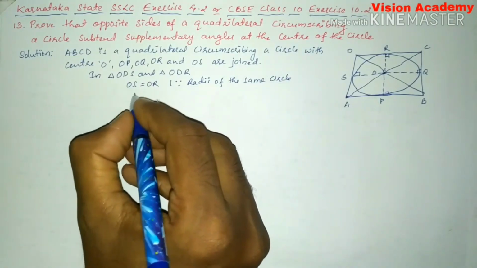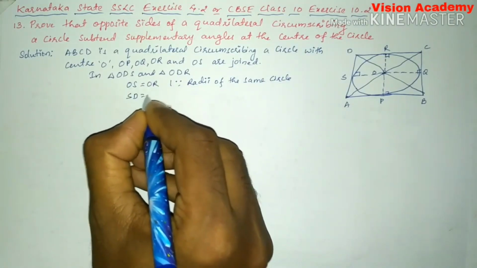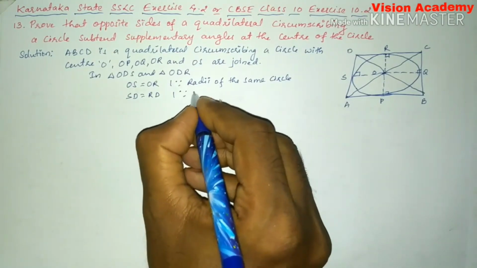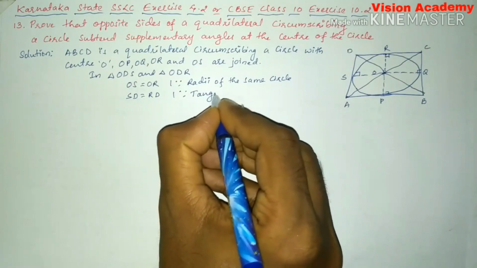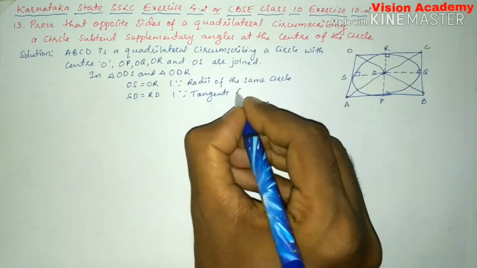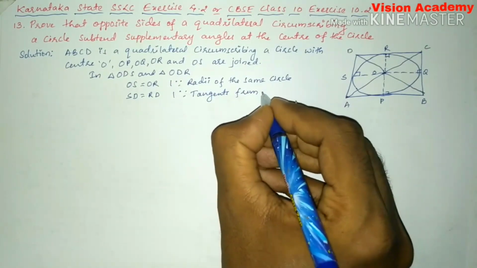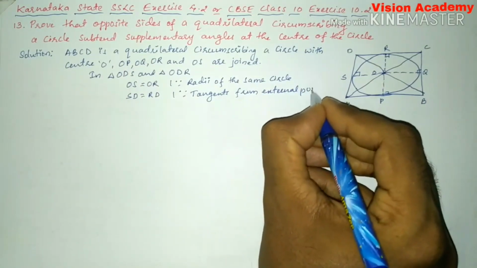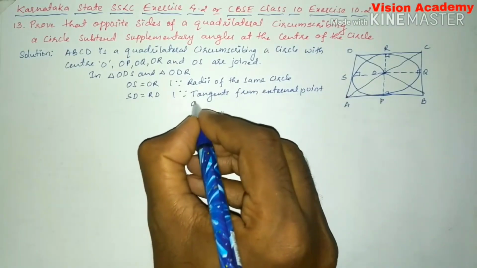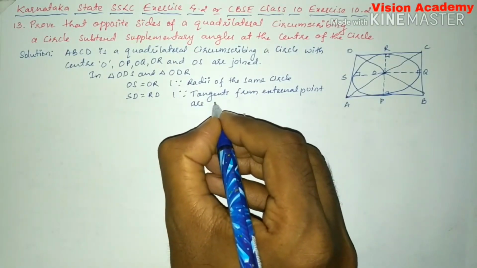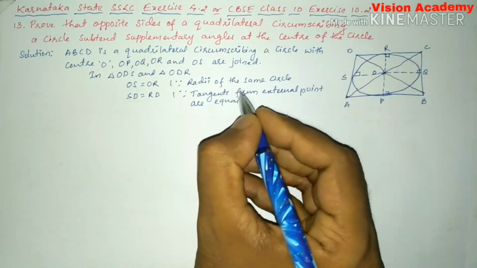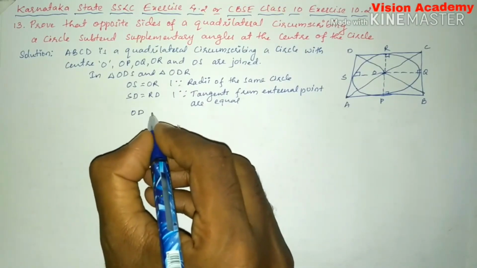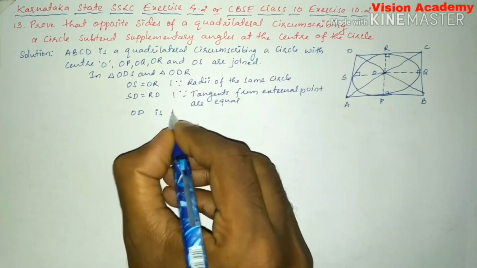Now SD is equal to RD because tangents from external points are equal. Now we'll write OD is the common side.